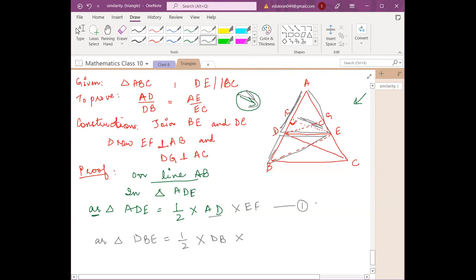See, Sarah, if you look at it from this side, this triangle is actually like this. If I just shift it, this is my point D, this is B, and this is your E. It actually looks like this. The height is always at 90 degrees. So in such cases, we just extend this line and then we drop a perpendicular here, and this height we actually take in calculations.